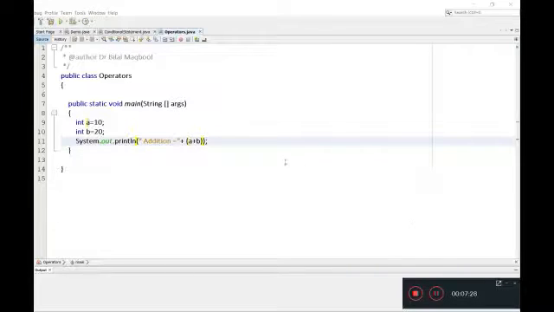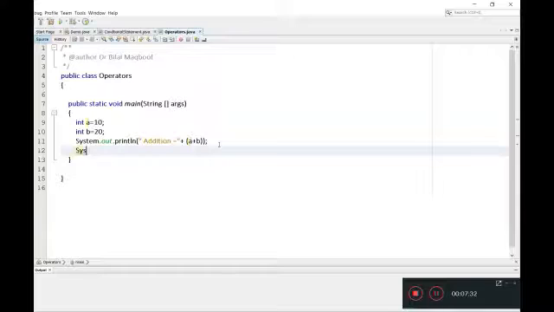So we have taken the addition of two numbers. Similarly, System.out.print subtraction equal to a minus b.